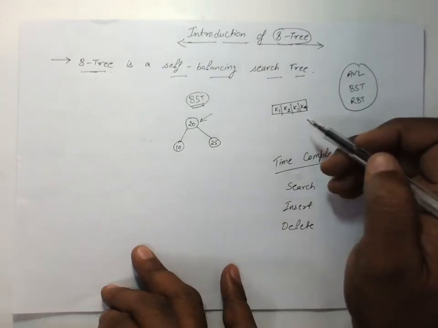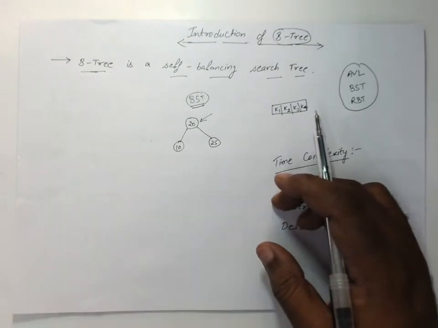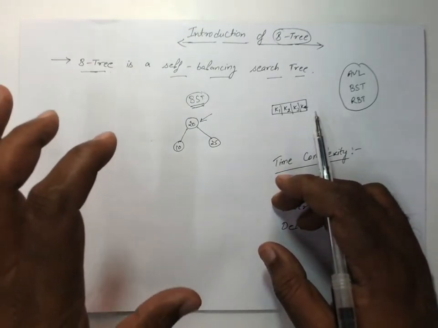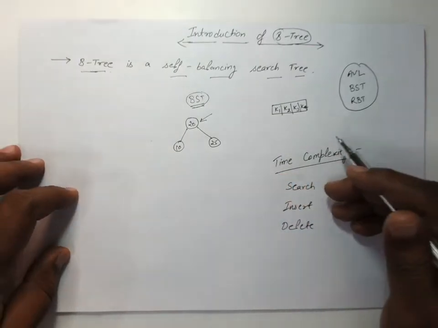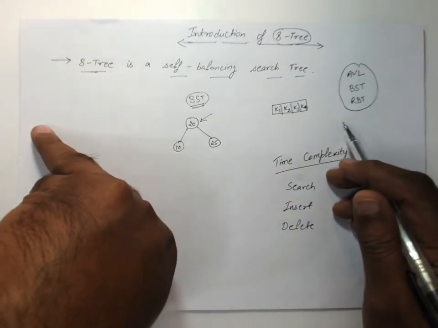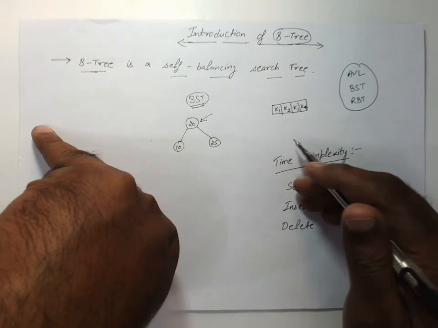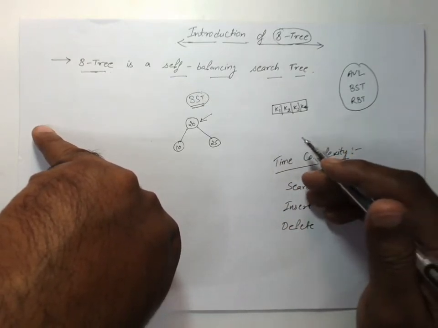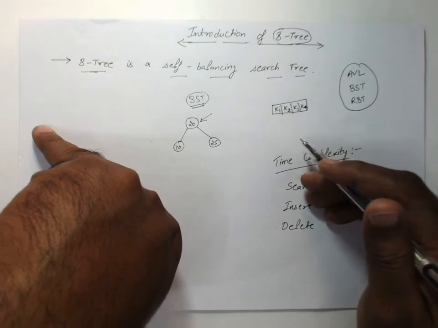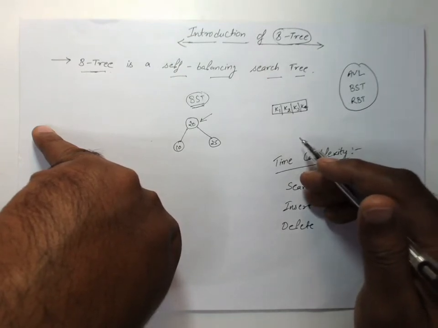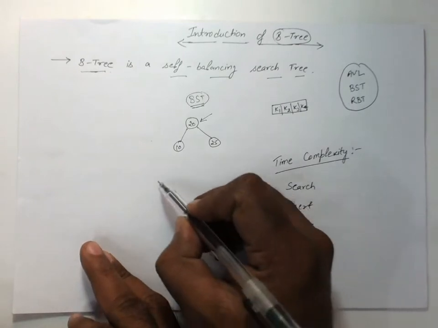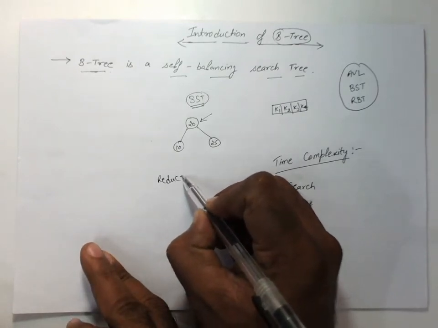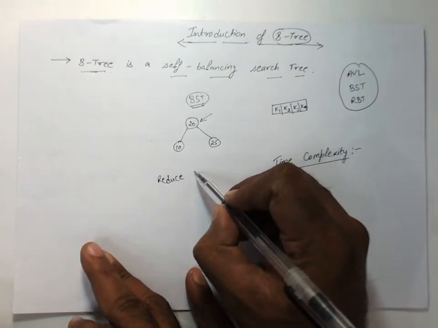In a B tree, the maximum time taken in any tree is the disk access time. Disk access time is very high compared to main memory access time, so B tree reduces the number of accesses. That is the main benefit of the B tree.